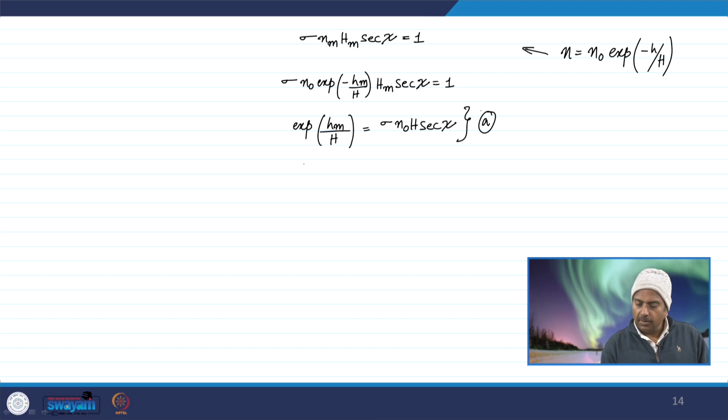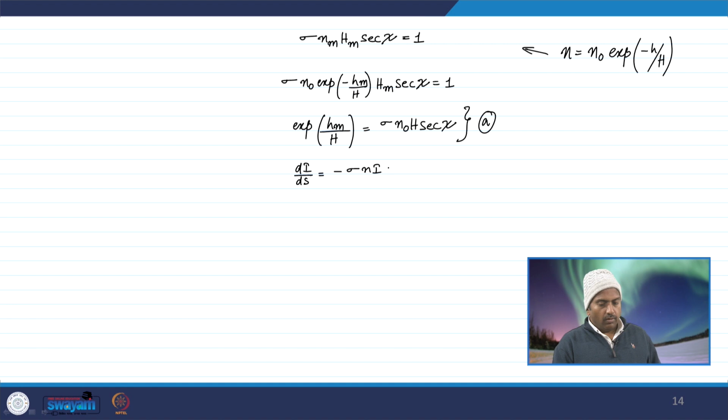Now, intensity depends on the height. So, dI by ds is equal to minus sigma n I, we already know that. Now, multiply this expression with C, you get Q, the production rate, right.